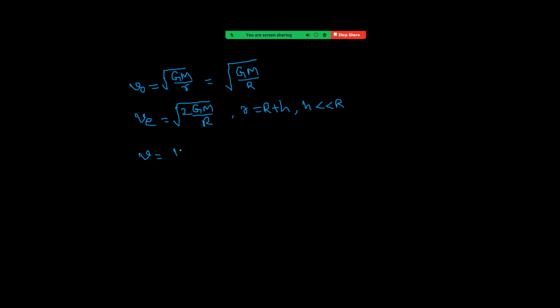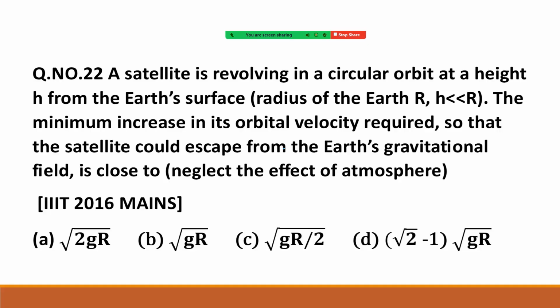The extra value is V minus V naught, that is root 2 minus 1 into orbital velocity. That is the extra which we have to provide. So the option is the fourth one, root of GR. In place of GM by R square, we have taken g, so root of gR.